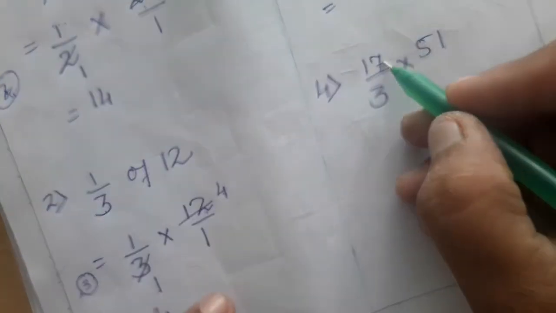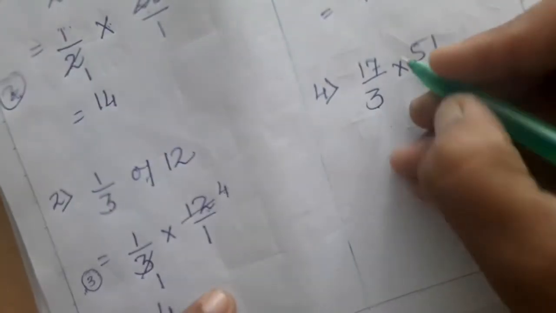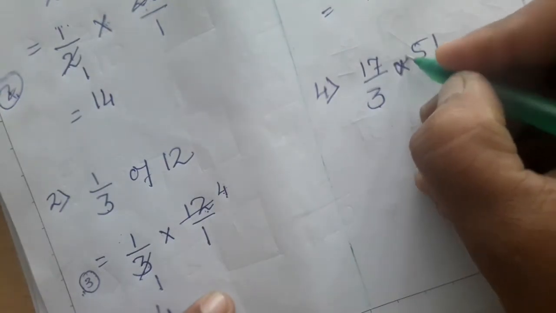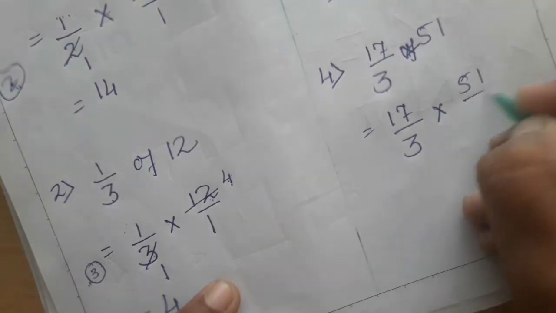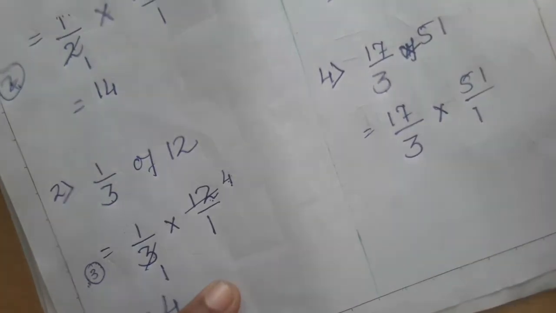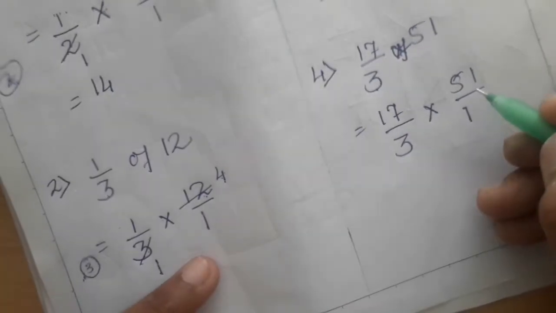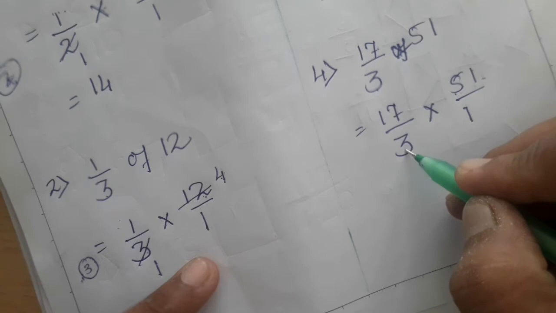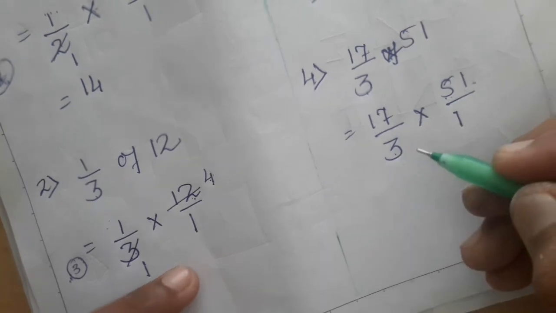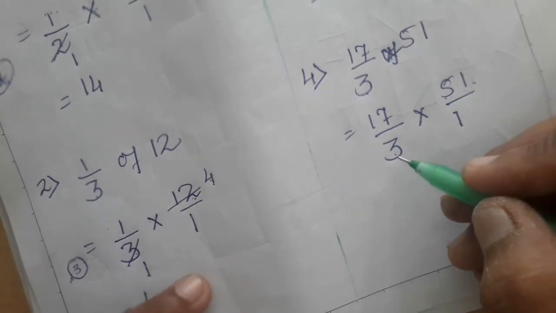Let's see another question. See here you have 17 upon 3 of 51. So here I can write it as 17 upon 3 of 51 upon 1. Now I want to check whether 51 is divisible by 3 or not. So I will use the divisibility test of 3.